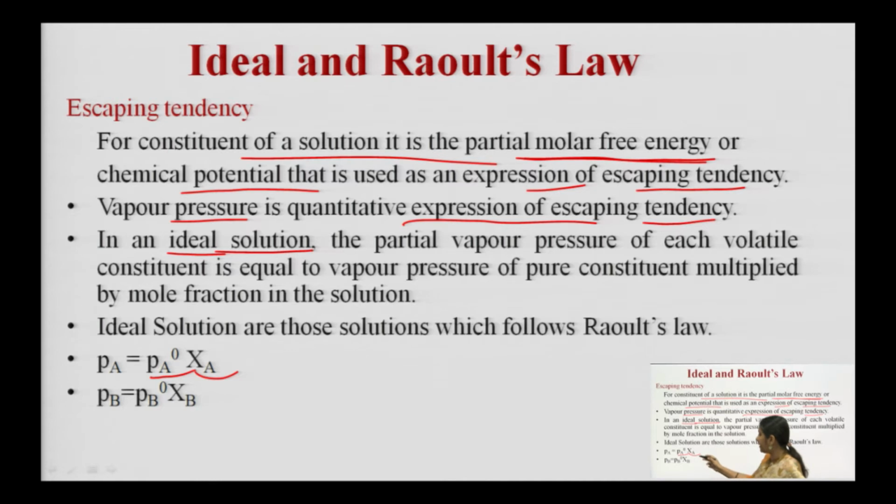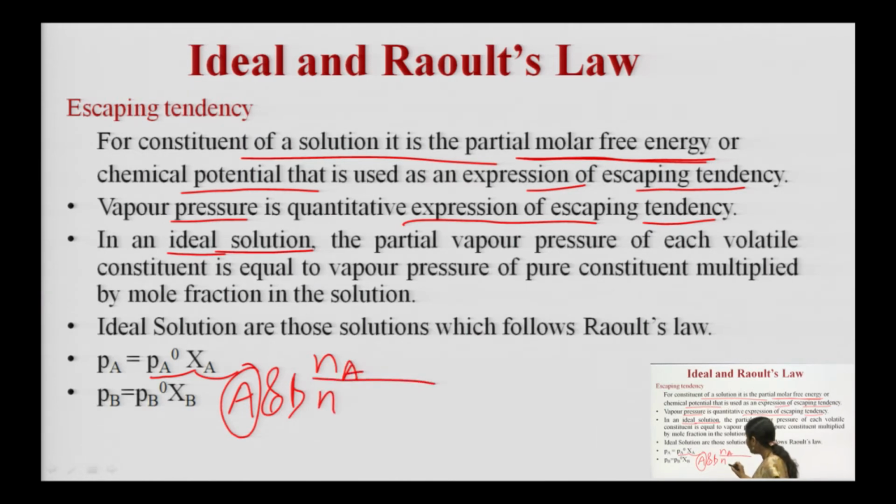Vapor pressure we have already discussed in the last lectures, and mole fraction we also know. Suppose we are considering two types of molecules A and B, then the mole fraction of A is the number of moles of A divided by the total number of moles of A plus B. Okay.